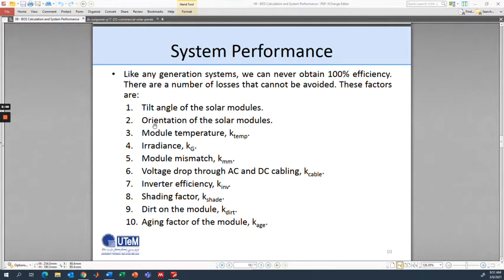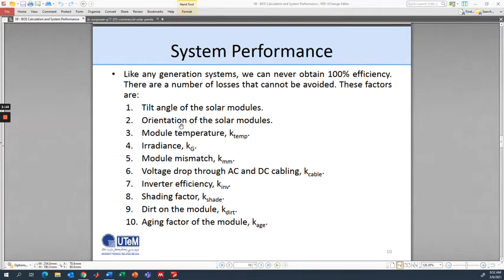Number 1 and number 2 are the tilt angle and orientation of the solar modules. This will determine the amount of sunshine that the modules absorb each day. So this is important during the design process or during the resource assessment, to make sure that we arrange the modules so that they can receive the most optimum amount of sunshine throughout the year.